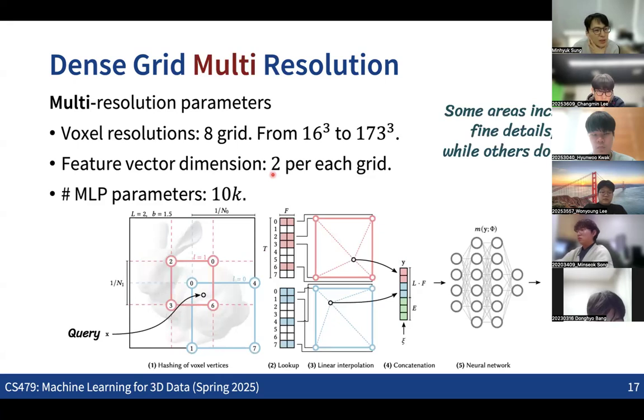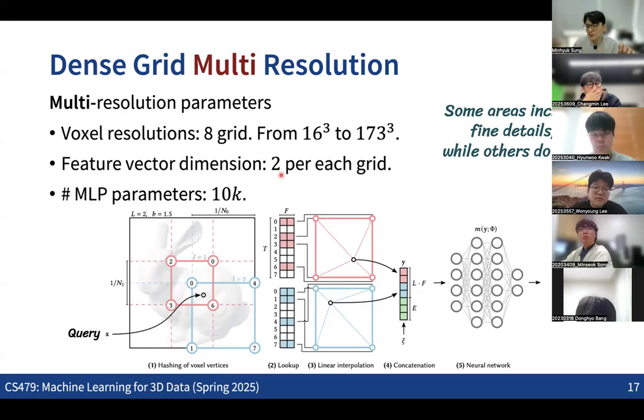So instead of using a single resolution, we are going to define multiple grids with different resolutions, from 16 cubic to 173 cubic. Some grids are coarser and some are denser. Then we divide the feature vector dimension across the grids, so every voxel in each grid now has 2 dimensions, not 16.